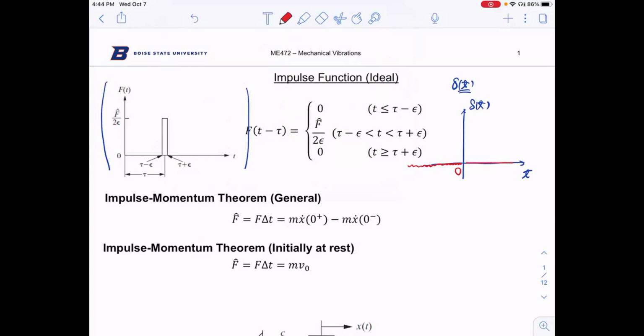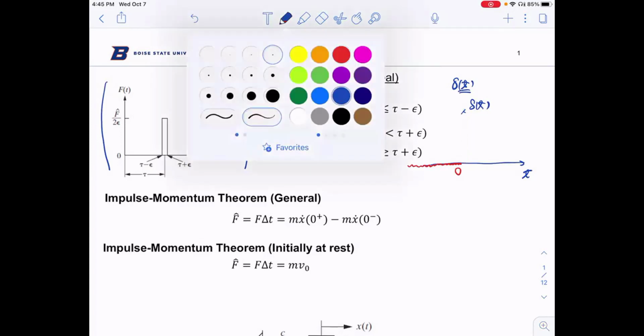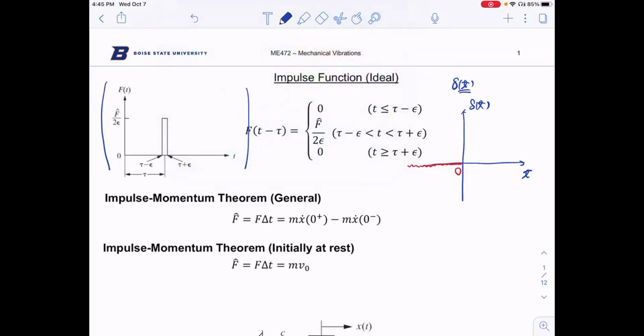This function has a value only when time is equal to 0, and this value is infinite. So it's really weird. You have a non-zero value at only one point, and it is infinite.